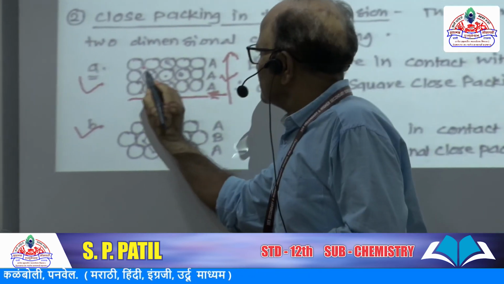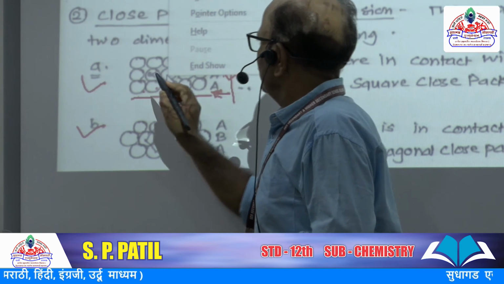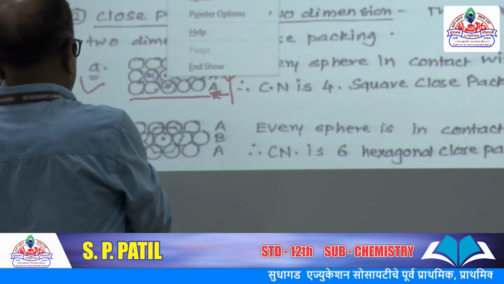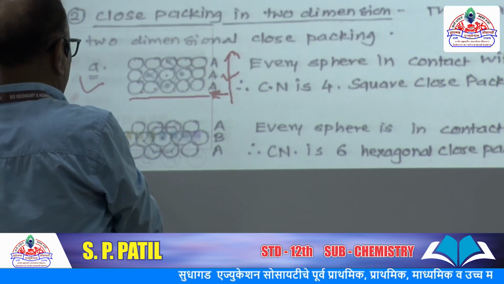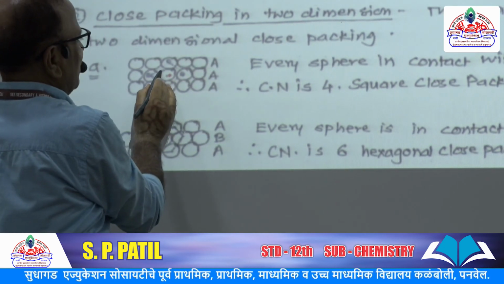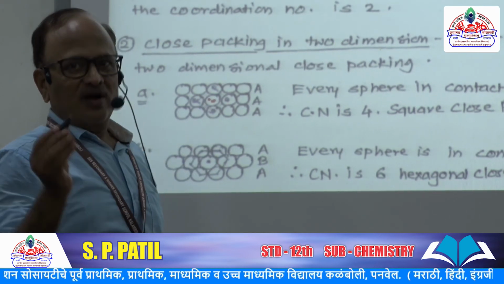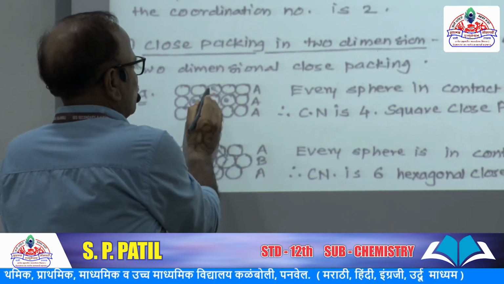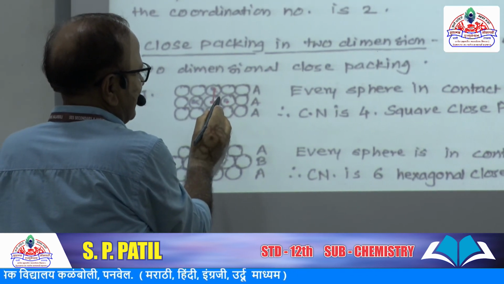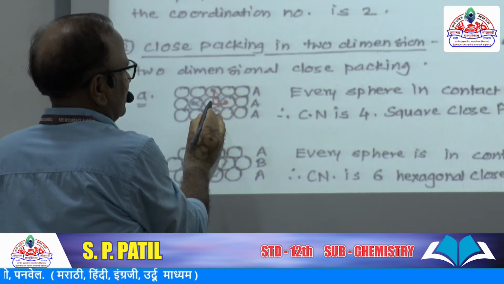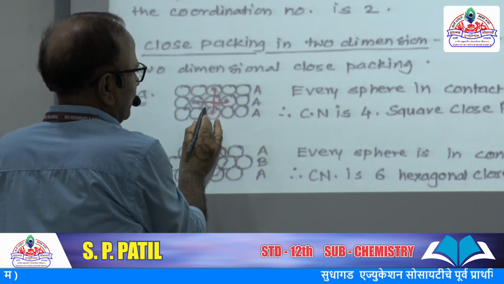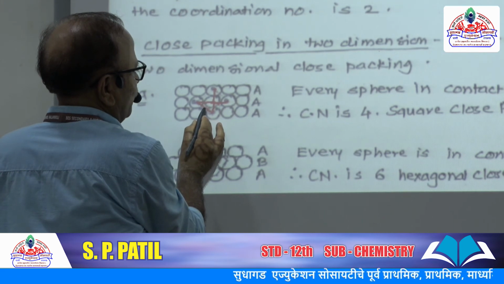Then if we consider this particular sphere, its coordination number: now coordination number we know. So this is the first atom directly touching, this is the second atom directly touching, this is the third atom, and this is the fourth one. So the coordination number is 4.